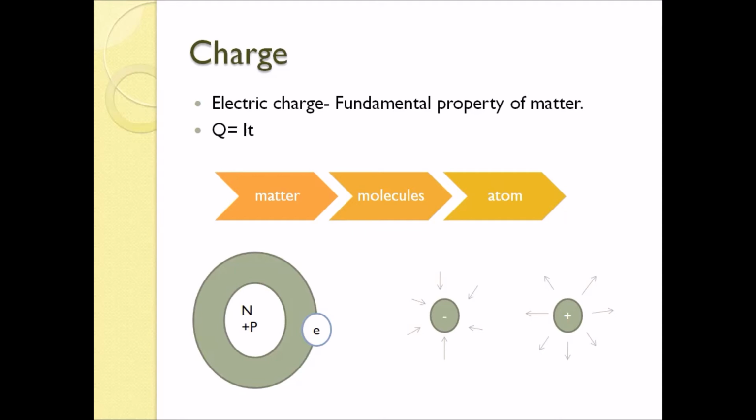In a similar manner, an atom has a nucleus, and the nucleus has two types of elements. One is neutrons, which are neutral particles of the atom, neither positive nor negative. And one more type of particle present in the atom is the protons.